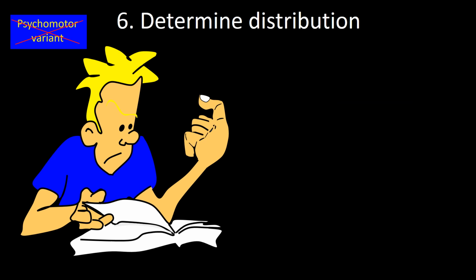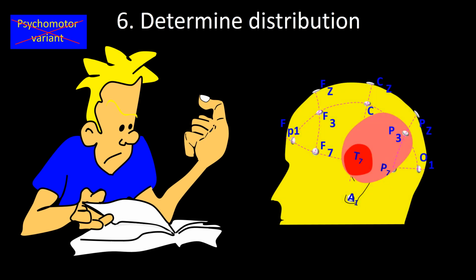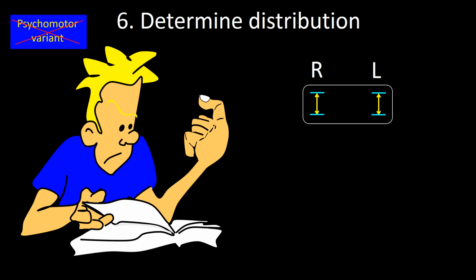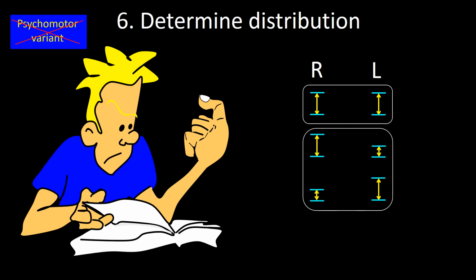The activity is distributed over the mid-temporal region, and the field is negative in that area. The activity is usually bilateral, but alternating, so it is not synchronous. It tends to be symmetrical, but alternating asymmetries are often present.